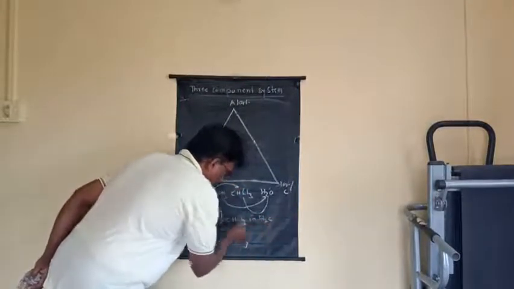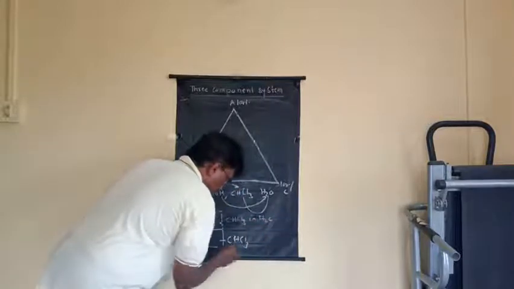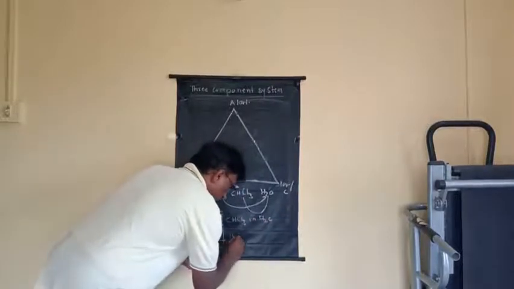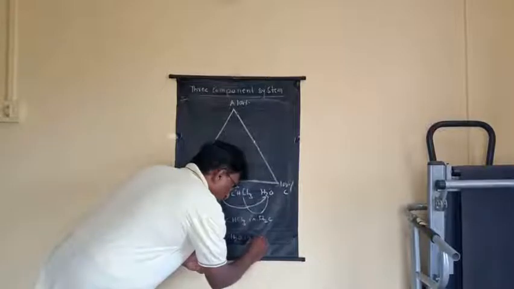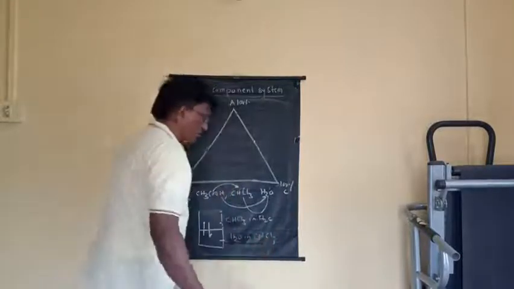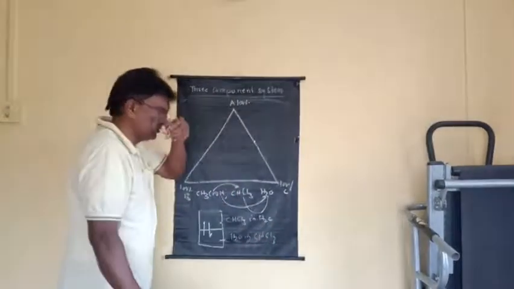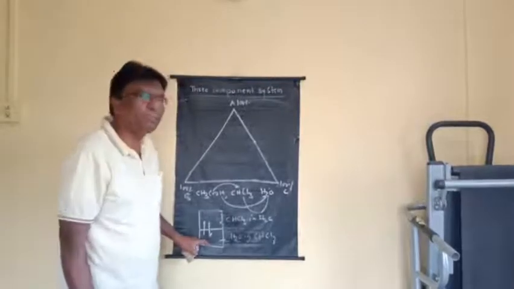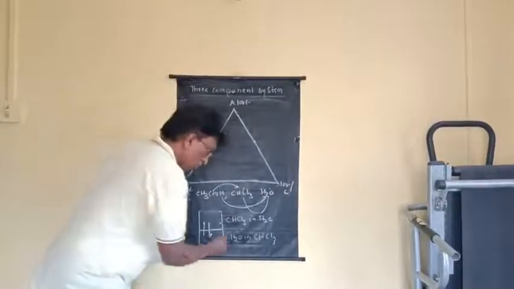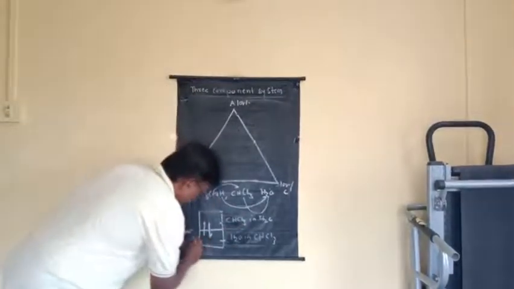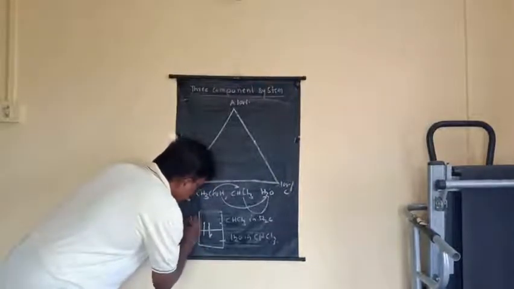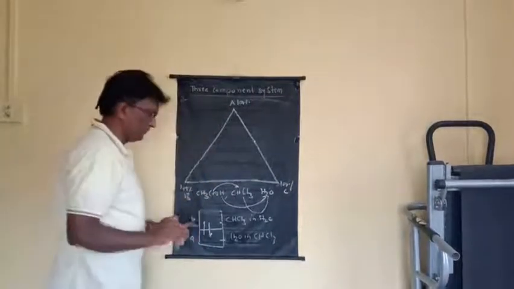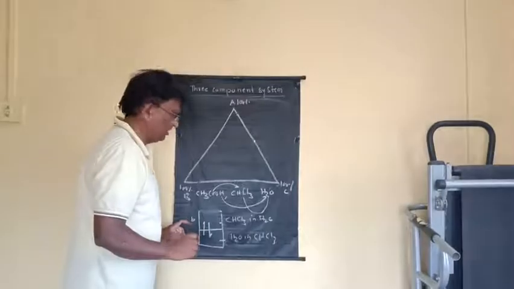This solution is called chloroform in water, and this solution is called water in chloroform. That means these two solutions are formed of their composition. Now, suppose this composition is A and this composition is B.